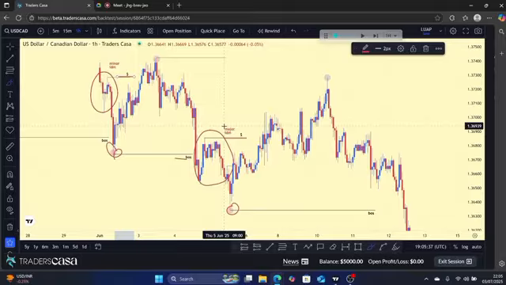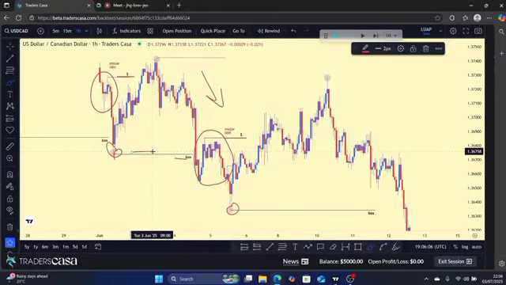So those are the two types of inducement, and that's how you distinguish between a minor inducement and a major inducement. You can clearly notice that both of them can confirm a valid break of structure, because both of them are inducements. With the minor inducement, price reversed, took it out, I confirmed this one here to be a swing point, meaning if price reverses and breaks past the swing point, that's a confirmed break of structure, just like I marked right here.